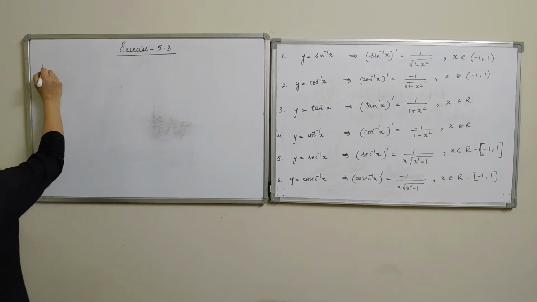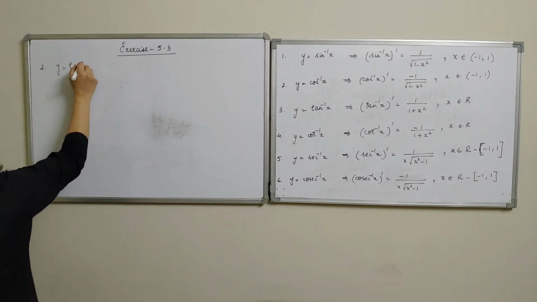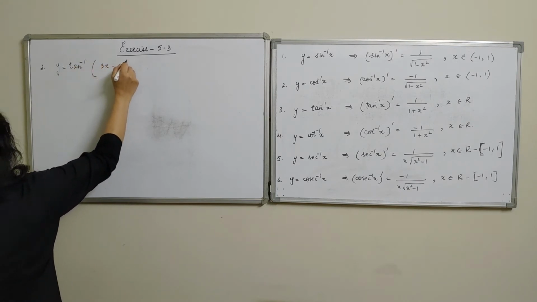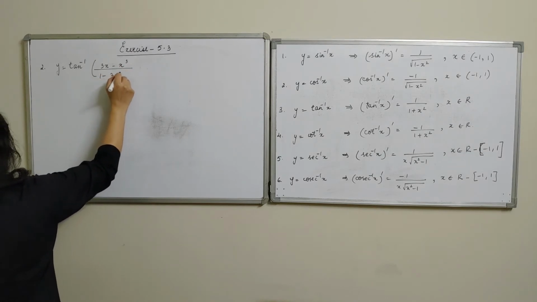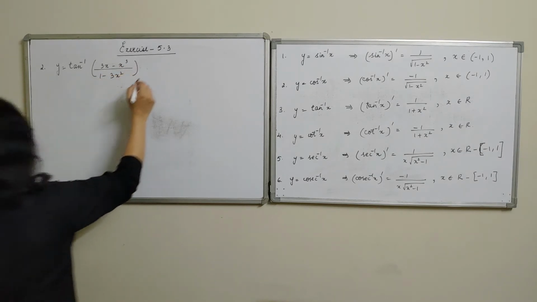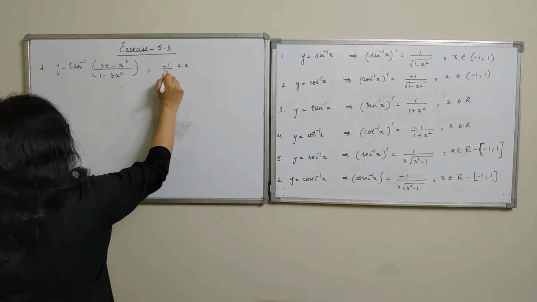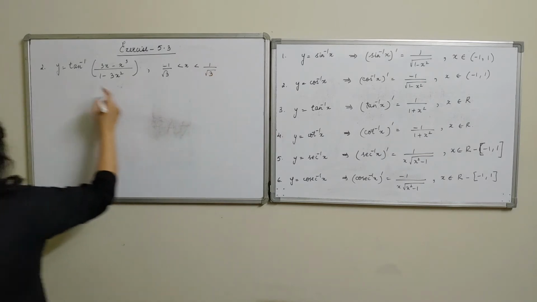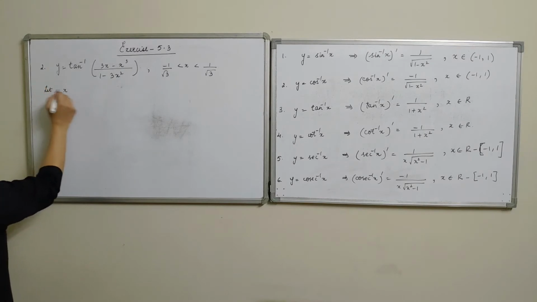The next question from this exercise is y is equal to tan inverse of 3x minus x cube upon 1 minus 3x square. Here we are given that x is greater than minus 1 by root 3 and less than 1 upon root 3. So here again this is a composite function, so some substitution has to be used.